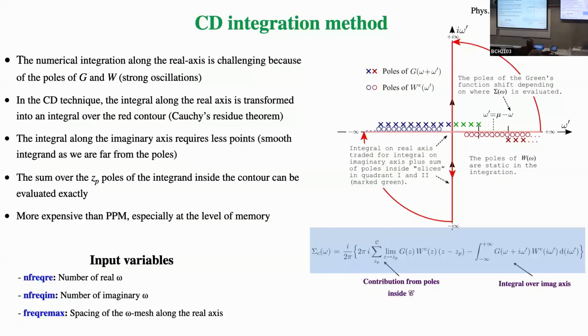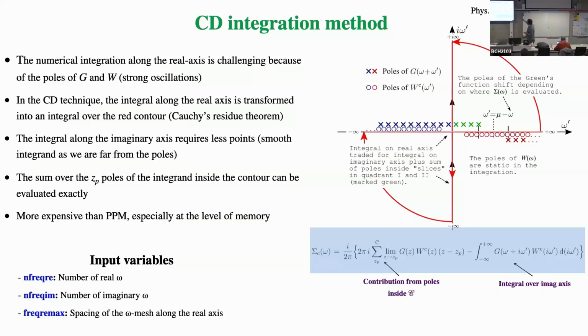And in this case, the integrand function is smooth because we are far from the poles that are located along the real axis. And then we have an additional term that comes from the residues of the integrand inside the contour. But we know the position of these poles because we know the position of the poles of G thanks to the Lehmann representation.